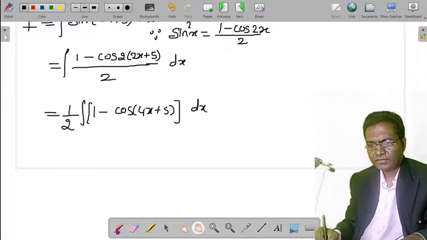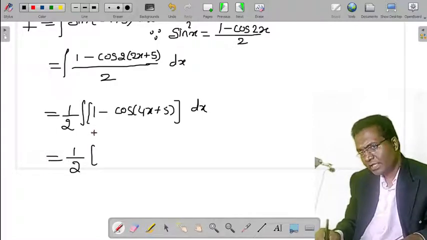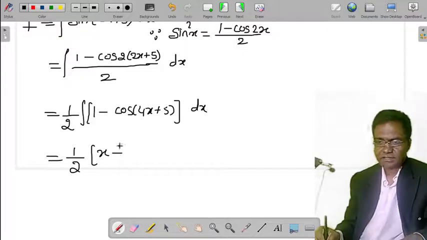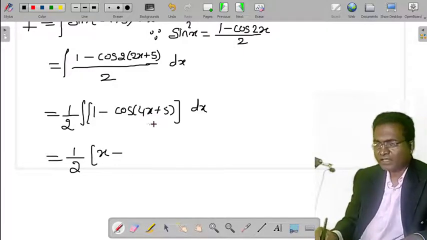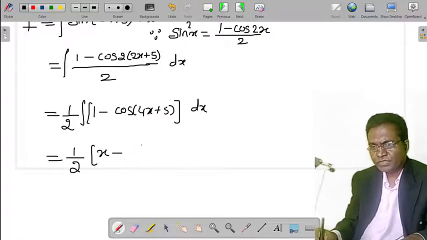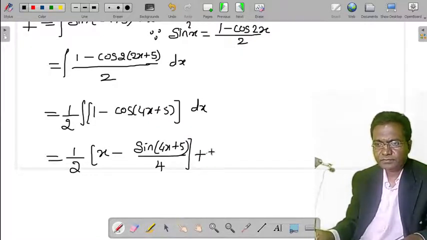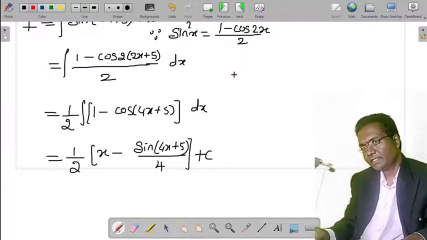Now this is equal to 1 by 2, integration of 1 is x, minus integration of cos ax plus b, which gives you sine ax plus b divided by a. Coefficient of x is 4 here. That you have studied, I suppose.